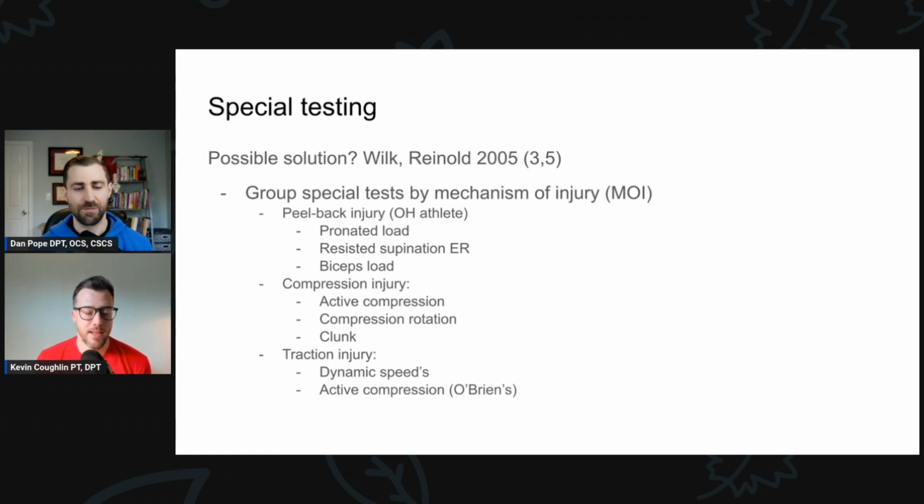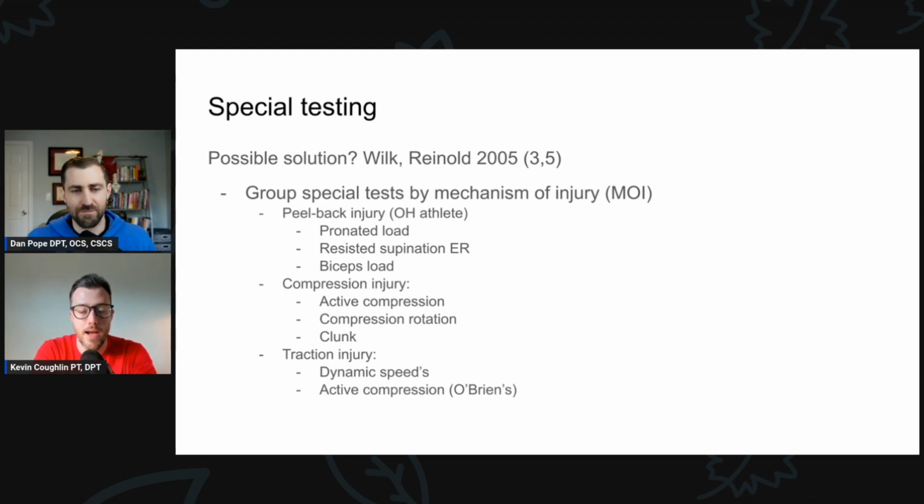And then I went back and was reading his blog and found this article that he had written with Kevin Wilk about SLAP tears, and kind of their proposed solution to a problem like this is, as you said, there aren't studies that have actually studied this to look at the sensitivity and specificity of some of these tests or the positive predictive value and so forth, in a clinical setting, but I do think it makes sense intuitively, and it's probably something that we could start thinking about with our special tests.